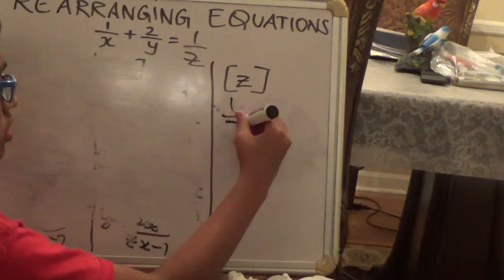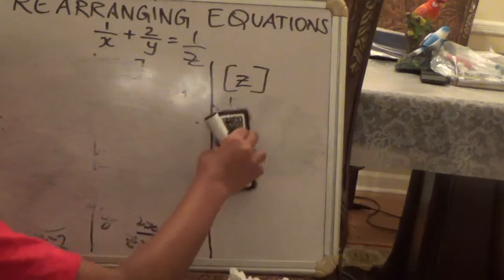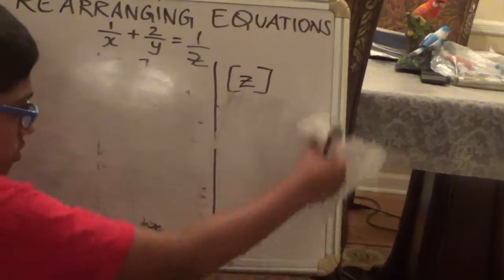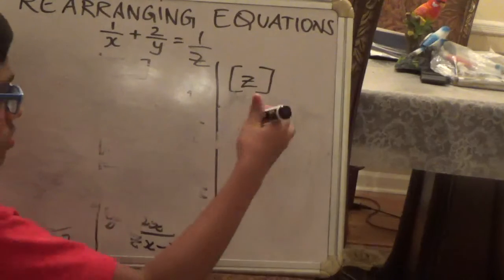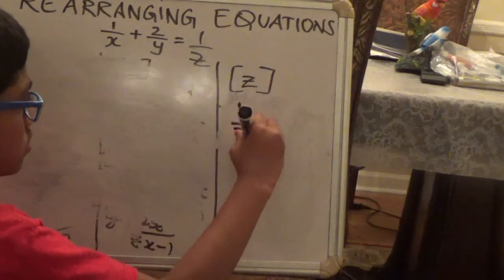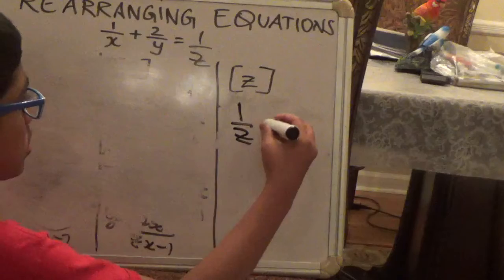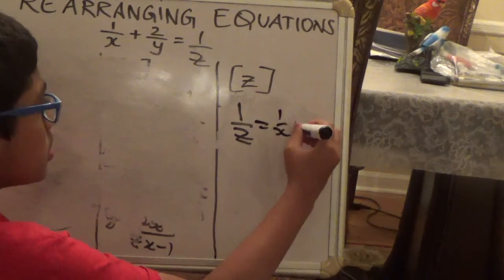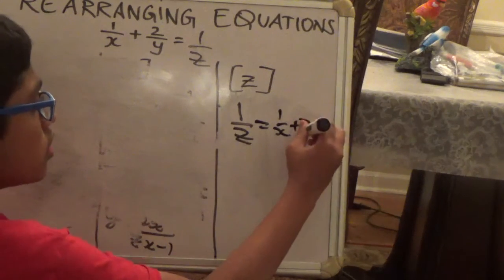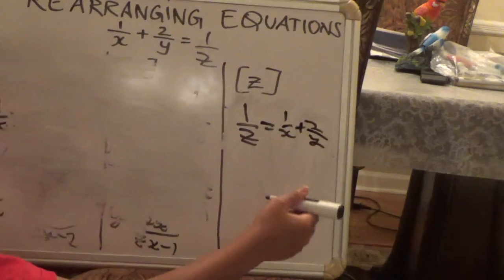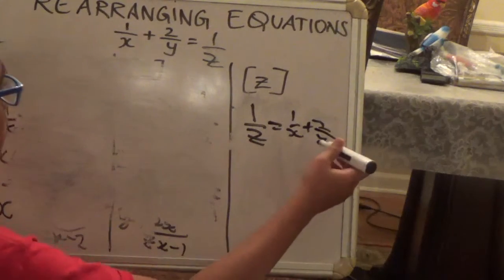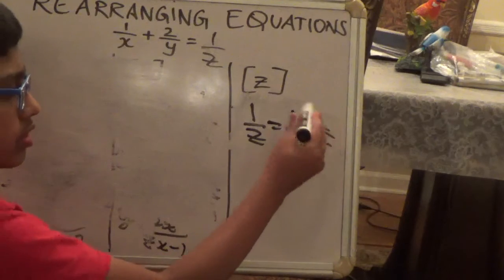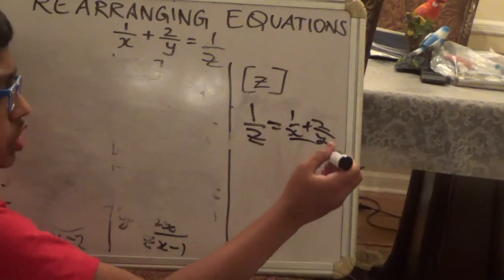Okay, so 1 over z equals 1 over x plus 2 over y. Now what you do is what we always did. We found the least common multiple of these two.